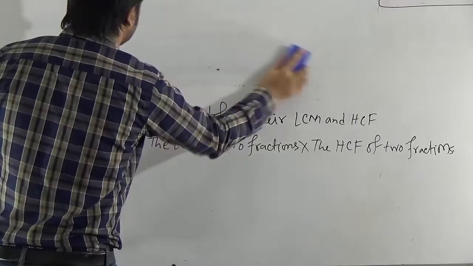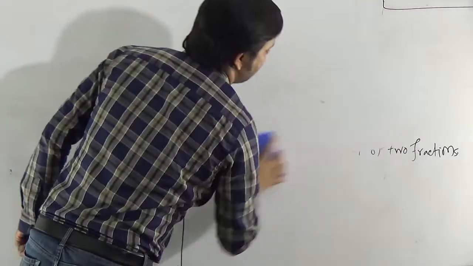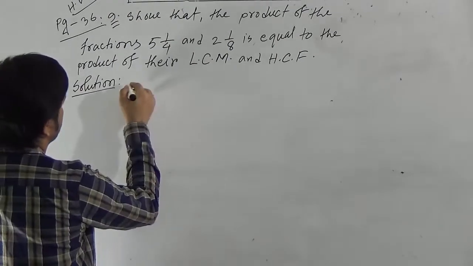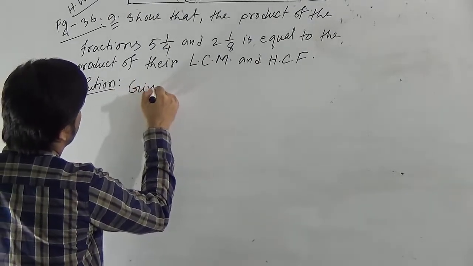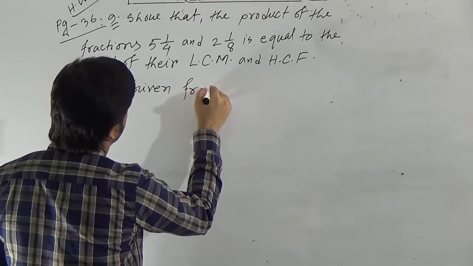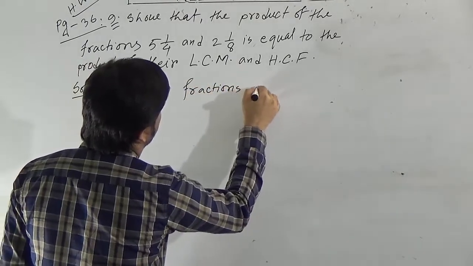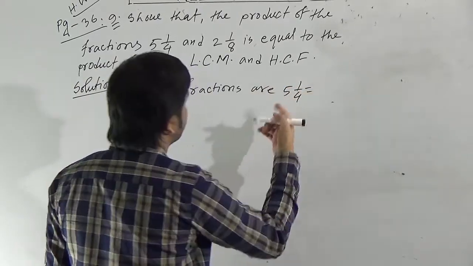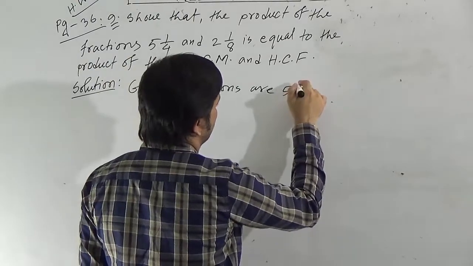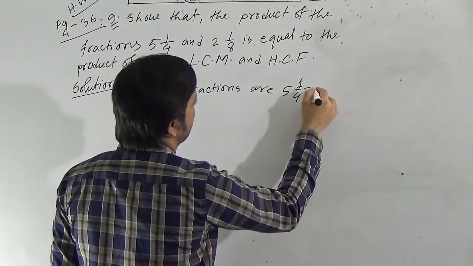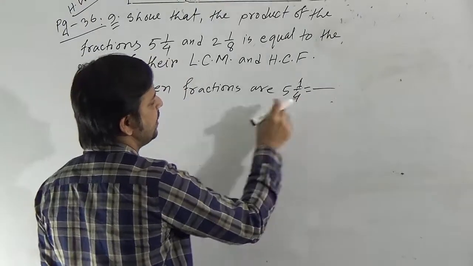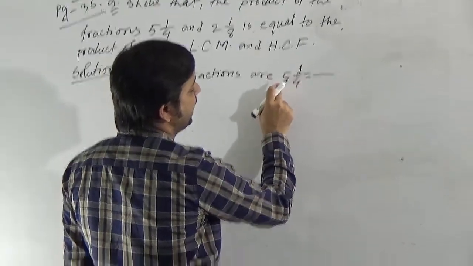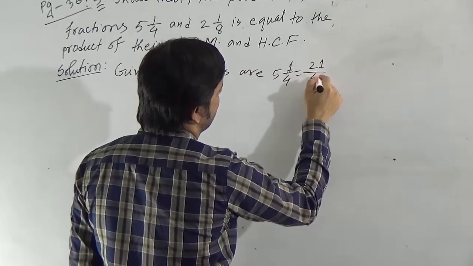Dear students, the given fractions are 5 integer 1 by 4 and 2 integer 1 by 8. As this is a mixed fraction, we can convert it into an improper fraction. 5 4s are 20 and 1, that is 21.